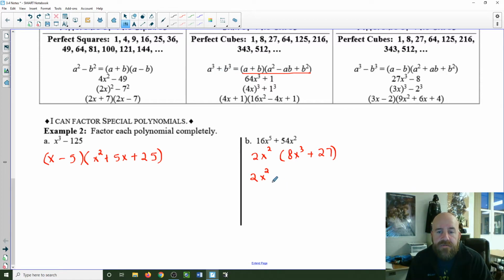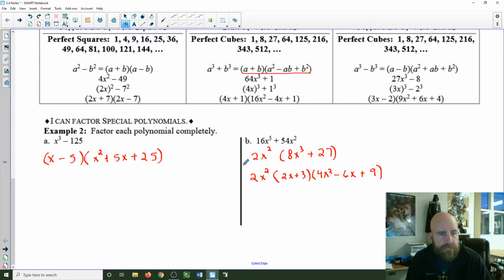This is the equation we're going to use. a plus b, so 2x plus 3, times a squared, which is 4x squared, minus a times b, so 2x times 3, that's 6x, and then plus b squared, so 3 squared is 9, and we have our equation.